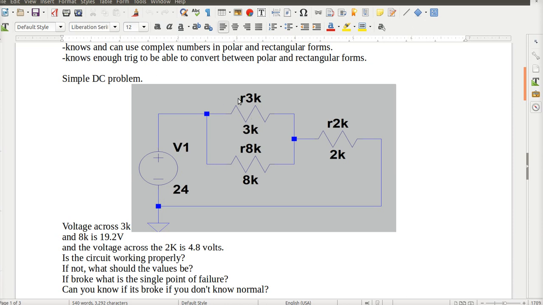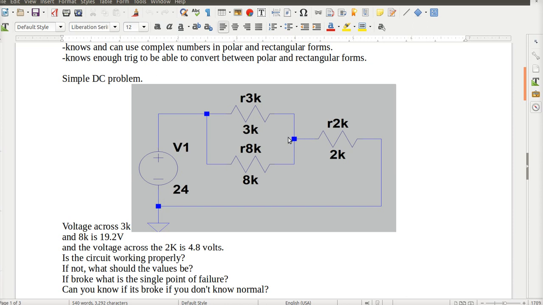As previously stated, I have 3 unknown currents because I didn't give you any current values. So the current through the 3K, the 8K, and the 2K can all be different. One of Kirchhoff's laws says the current entering a point, say this blue square, has to equal the current leaving.